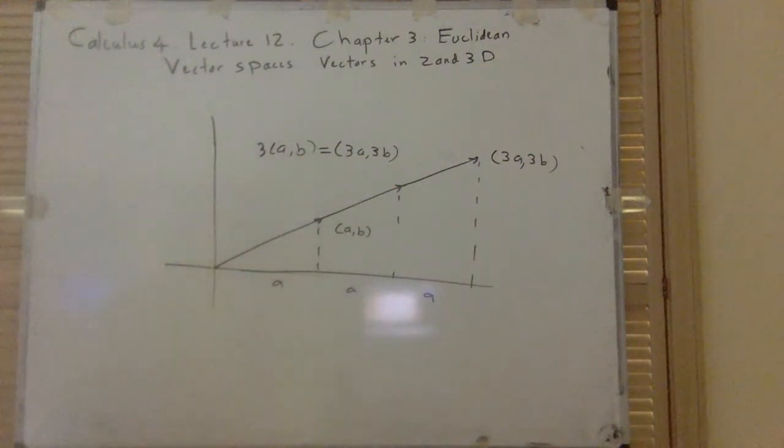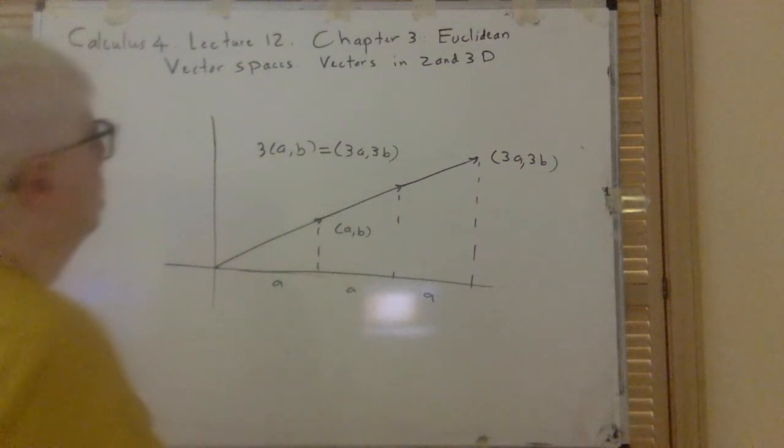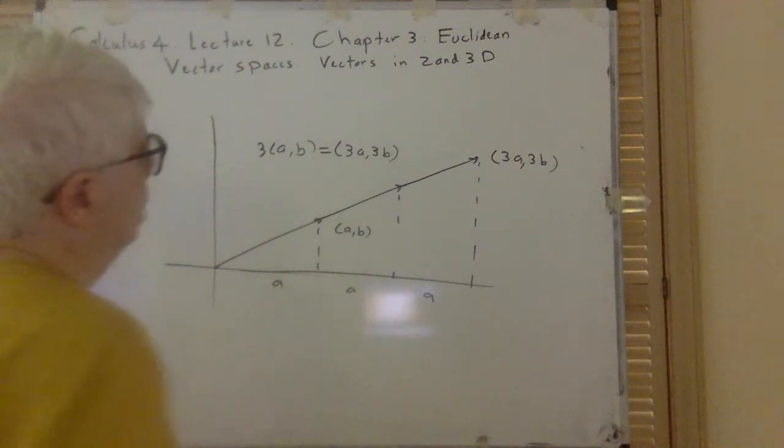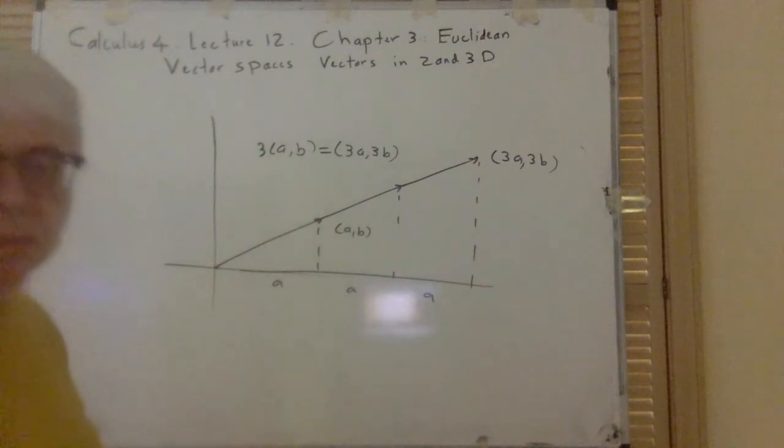So that's how you multiply a scalar by a vector. So we take these two ideas and expand this to any dimension.